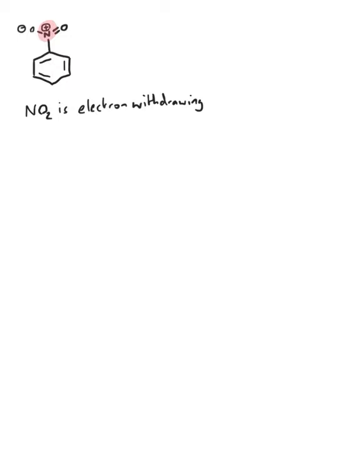So what about nitrobenzene? If you have a nitro substituent, you may quickly think that, oh, nitrogen has a lone pair, therefore it's electron donating. But if you think about it a little longer, the nitro group actually has a nitrogen with a positive charge. This makes the nitro group electron-withdrawing. It pulls electrons away from the ring.